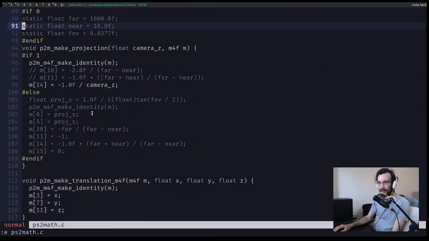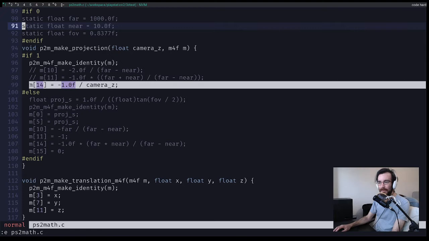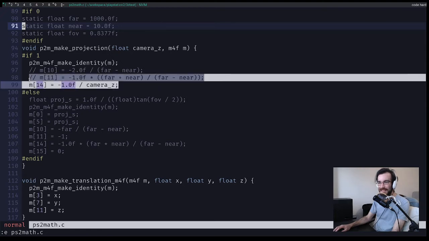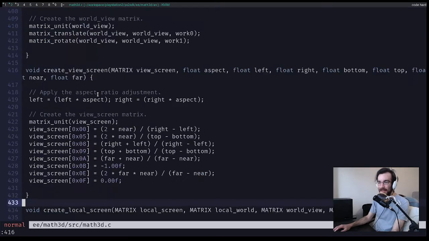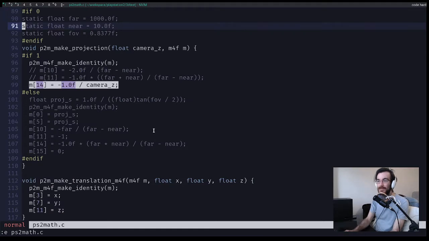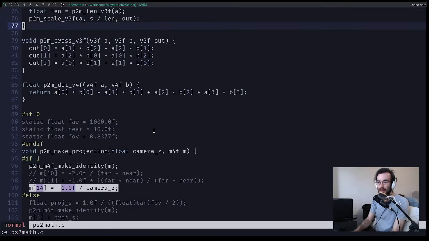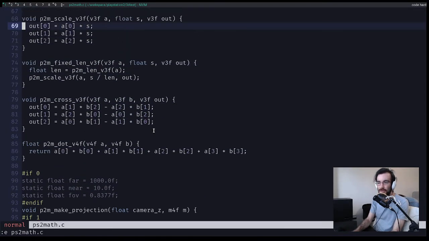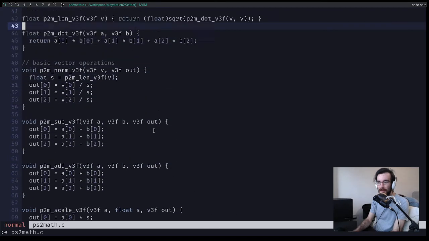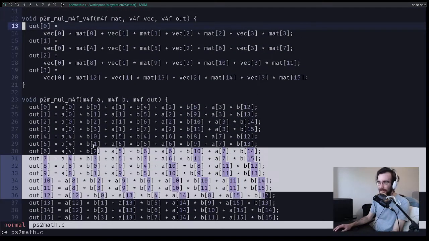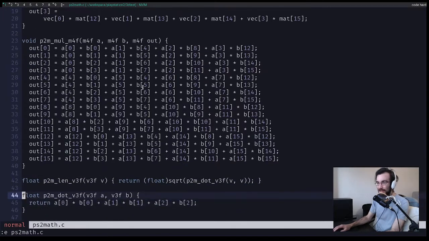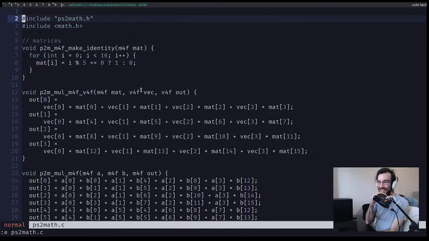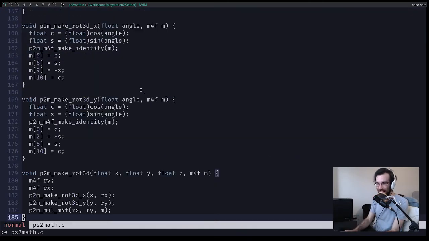This is subtly different to one I've used before. I have also hilariously used this -1 over camera Z, which has worked for me in the past. Cross vector scale. You can see I did a lot of manual grunt work to get this working. I automatically generated this monstrosity; I just thought that was more efficient than having a loop.